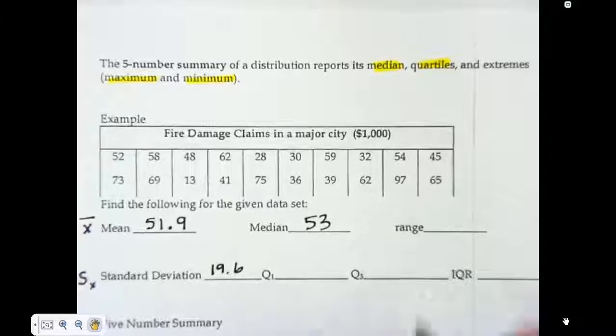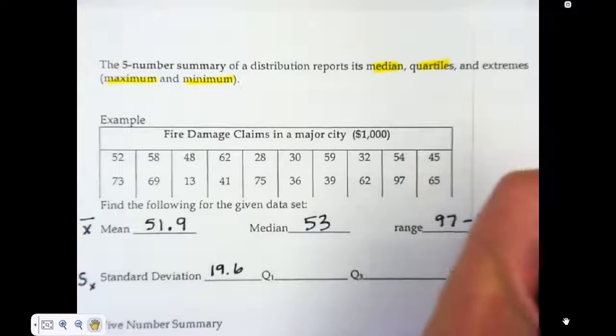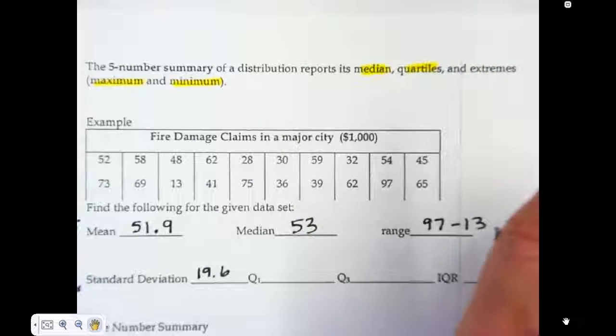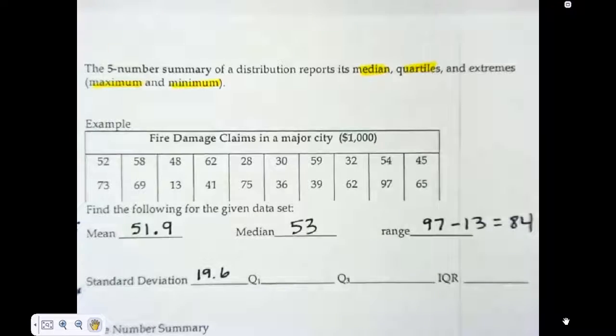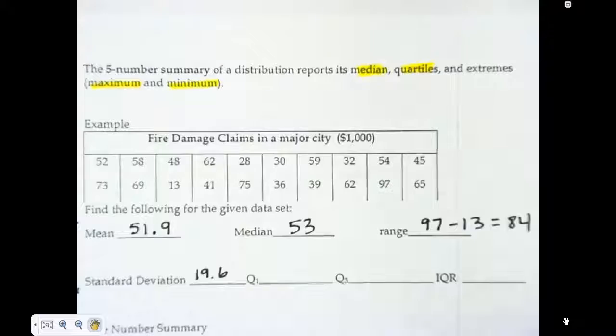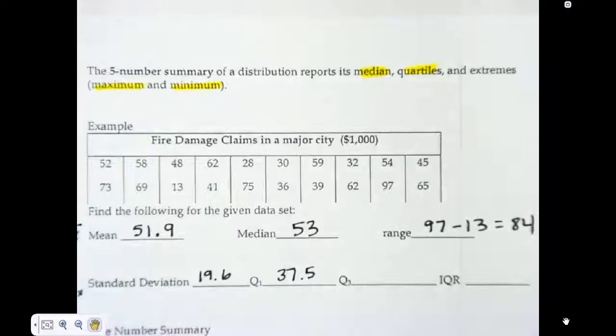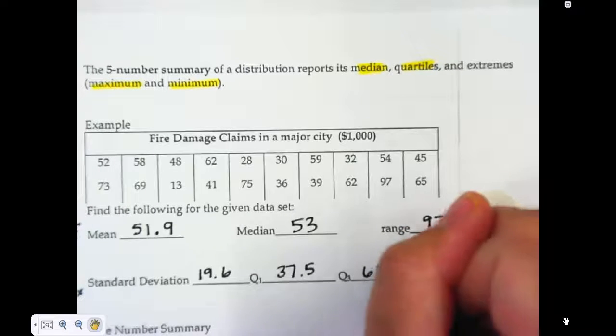My range is going to be 97 minus 13 because that was my min and my max. So 97 minus 13, that should give me 84. My Q1, I'm just taking these numbers from this calculator, 37.5. My Q3 is 63.5.